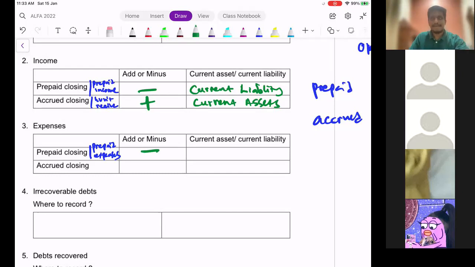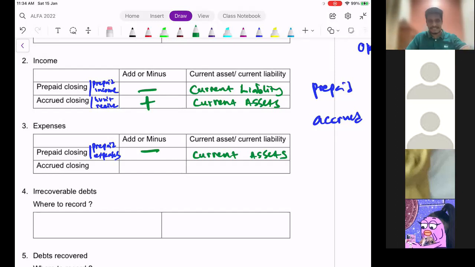But since we overpay the guy, do I owe the guy or does the guy owe me? I overpaid the guy, which means that guy owes me. If that guy owes me, it's my current asset.